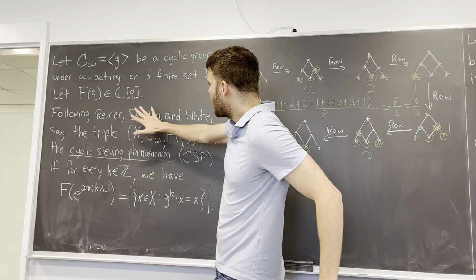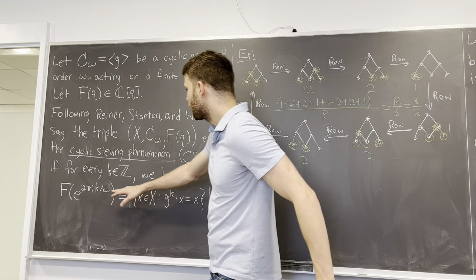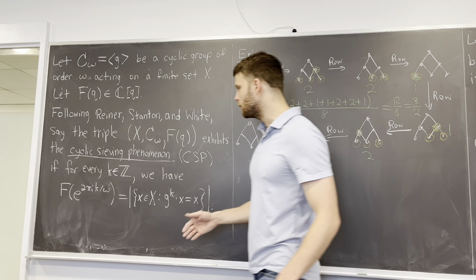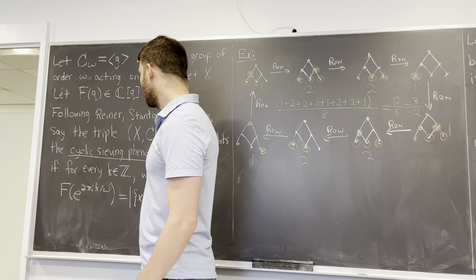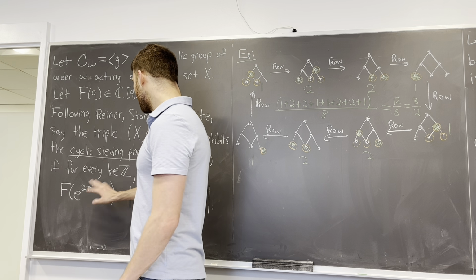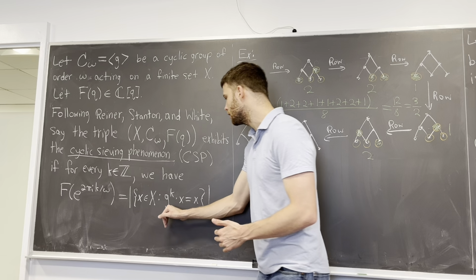And when you have the cyclic sieving phenomenon, all of that information is encoded by this polynomial f. Because what this is saying is you have some polynomial, and if you plug in this root of unity, e to the 2 pi i k over omega, that tells you how many elements are fixed by g to the k.